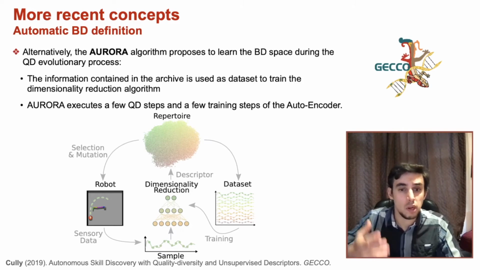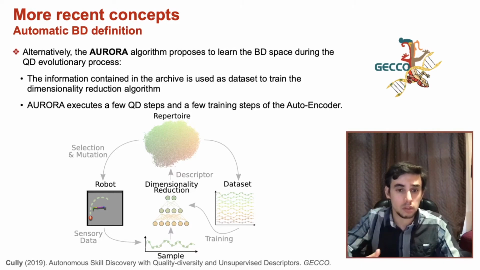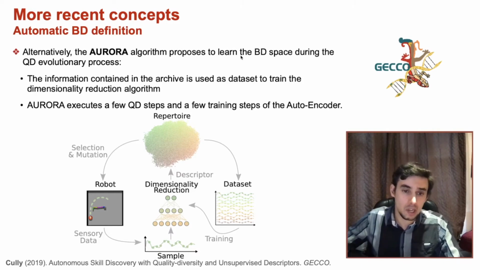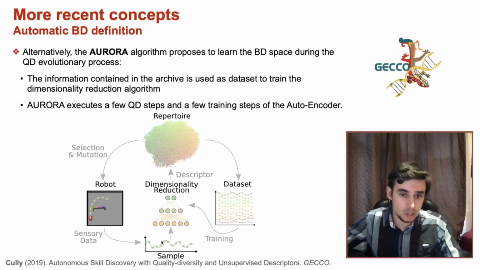For that, we use the solutions contained and generated after the initial step of the quality diversity algorithm, namely the randomly generated solutions. We can use the sensory data, for instance, that are generated by the evaluation of the algorithm, and we can project them in the container. And we can use this information to build a dataset that can be used to train the dimensionality reduction algorithm.